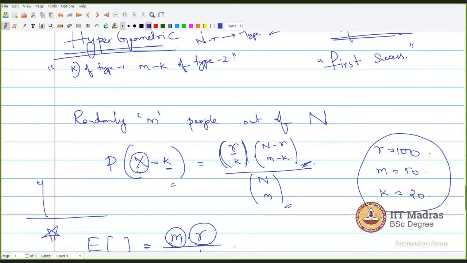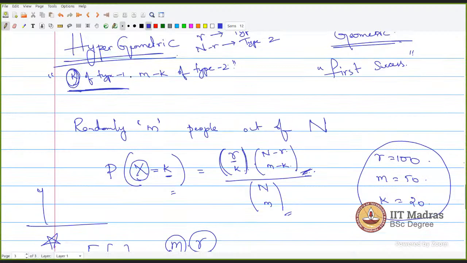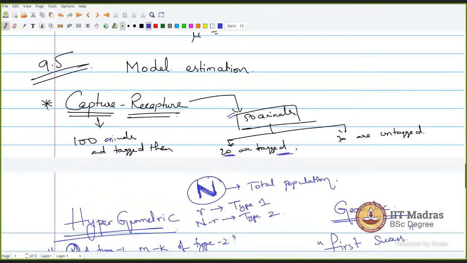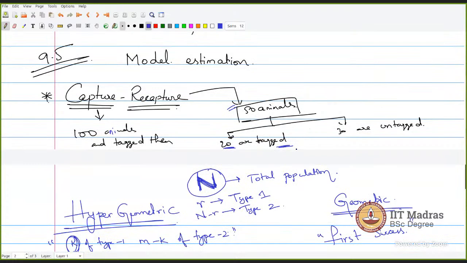So we are worried about the type 1, and type 1 denotes the tag. So we are worried about the number of animals that are tagged. The number of animals that are tagged is a random variable, and that random variable follows hypergeometric distribution.